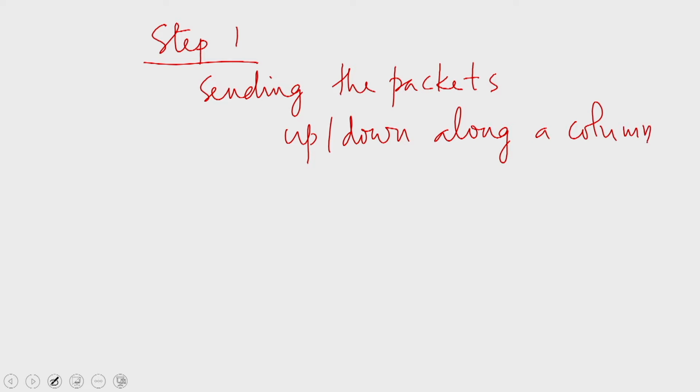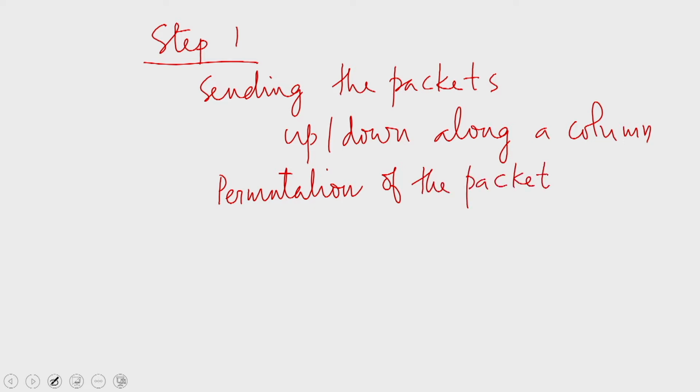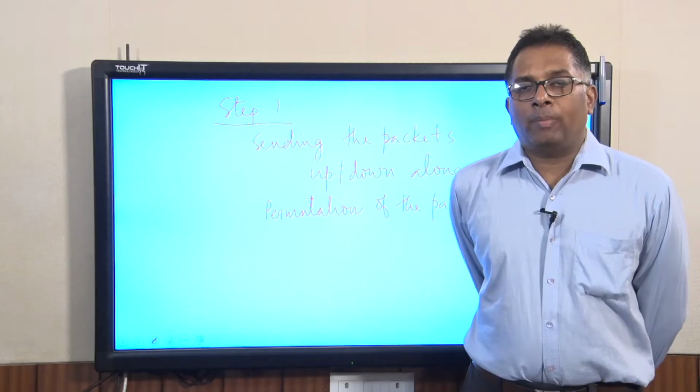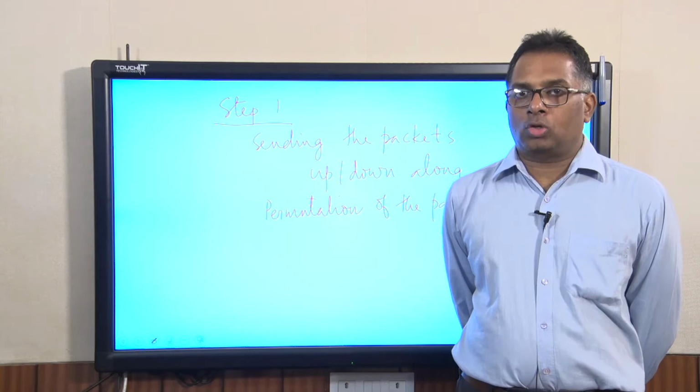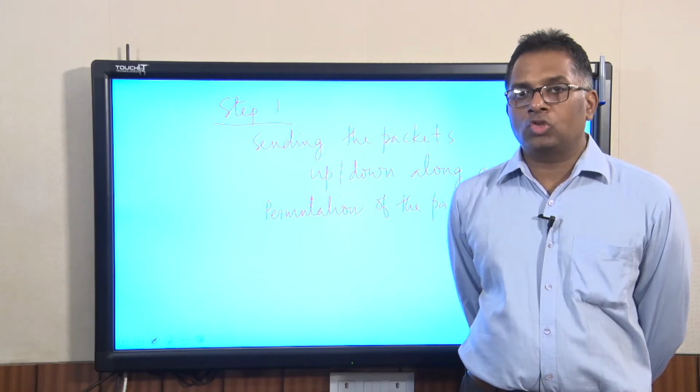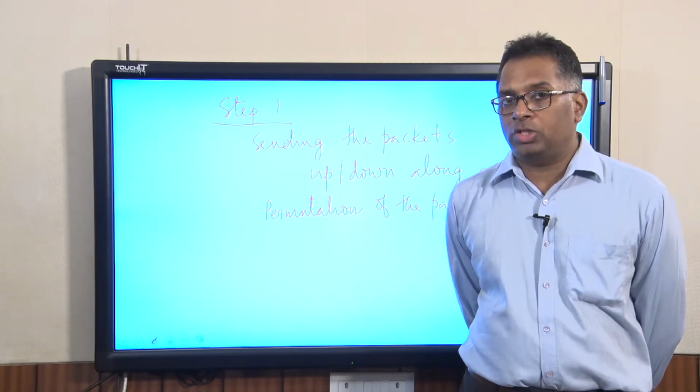In other words, this is realizing of a permutation of the packets. Every packet has got a unique color. The color is the same as the number of some row. So, all that the packet has to do is to go to the correct row within that column, within its own column. But then how can this be achieved?